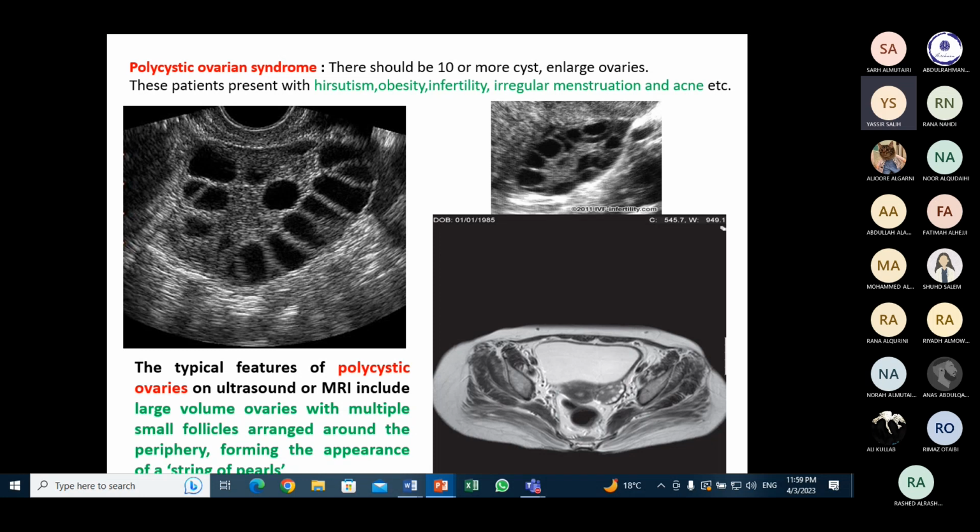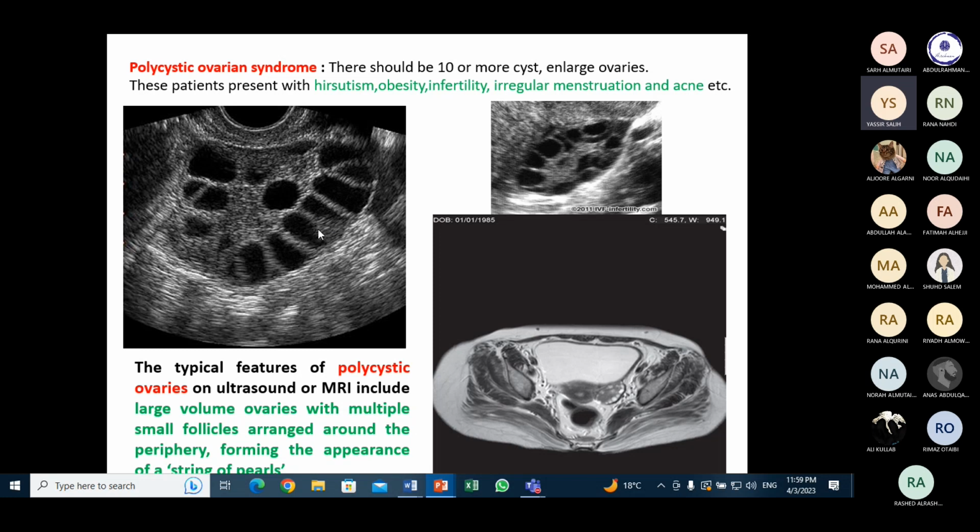To diagnose this, there should be 10 or more cysts, and the ovaries should be large and bulky. So to make this diagnosis, first the ovaries should be large with 10 or more cysts. So this is a transvaginal ultrasound. Notice that with transvaginal there is no urinary bladder full of urine.